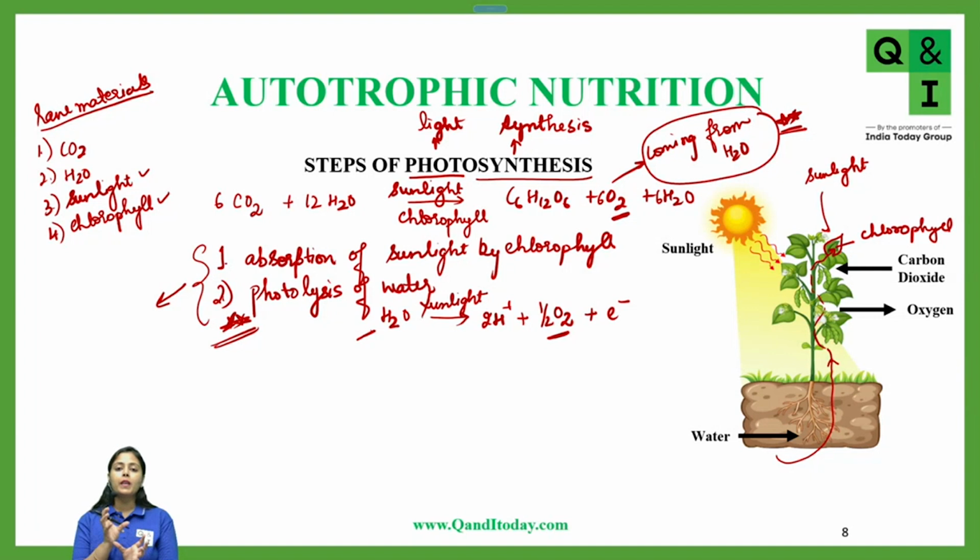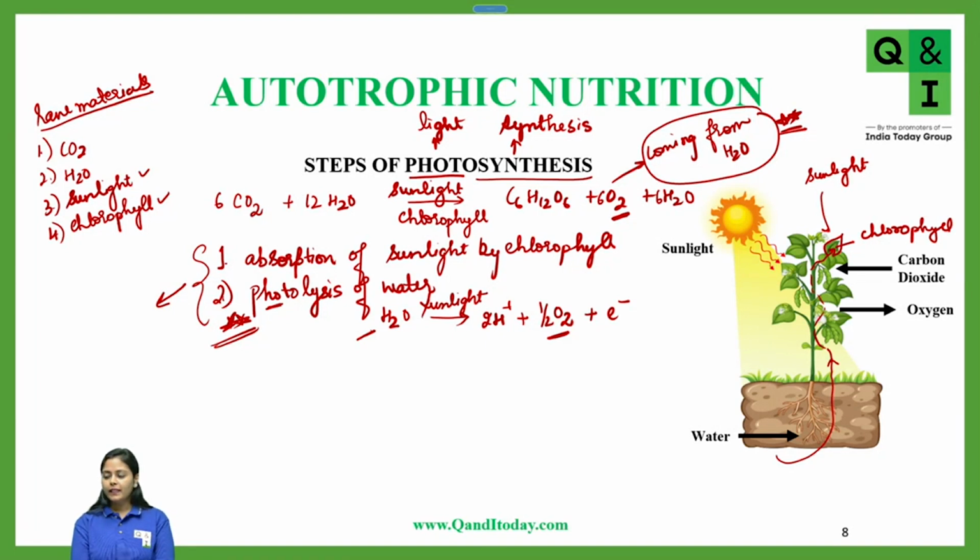When the water is broken down, hydrogen ions are released, electrons are released, and also oxygen is released. So when we say oxygen is released by the plants during photosynthesis, that oxygen is coming from the photolysis of water. Photo means in presence of light, using sunlight energy. Got it? Yes, ma'am, got it.